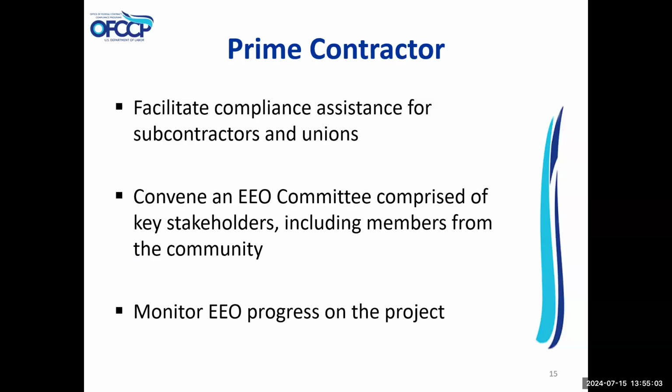Prime or general contractors on a mega construction project also will assist OFCCP to ensure the contractors and unions engage in the initiative. What does this mean? First, it means inviting the subcontractors and unions to participate in meetings at which OFCCP and other government agencies explain the relevant legal requirements. Some prime contractors make it a condition of getting a subcontract that the subcontractors must attend such meetings with OFCCP.